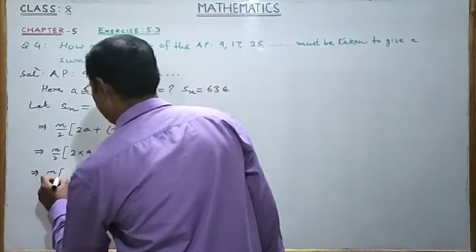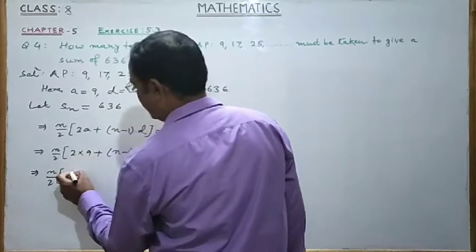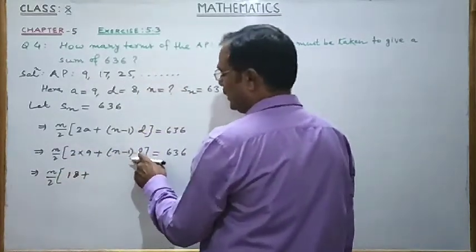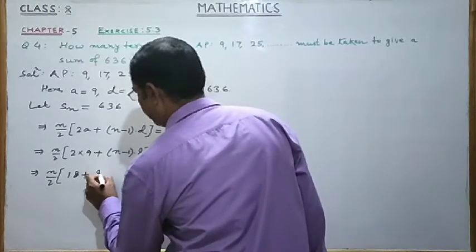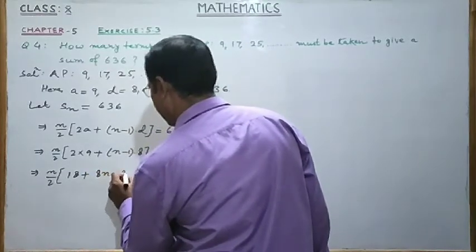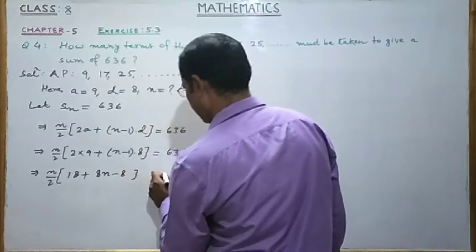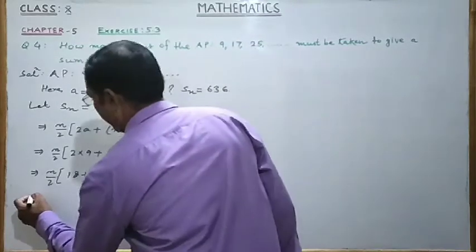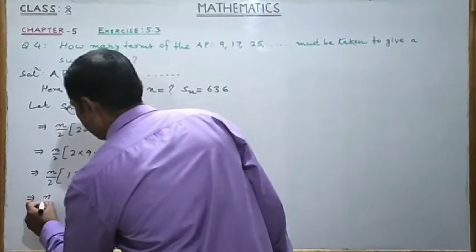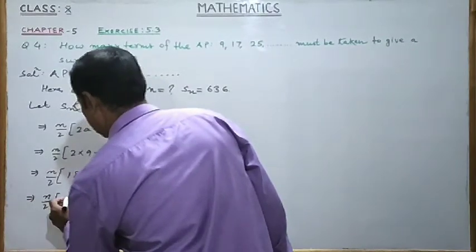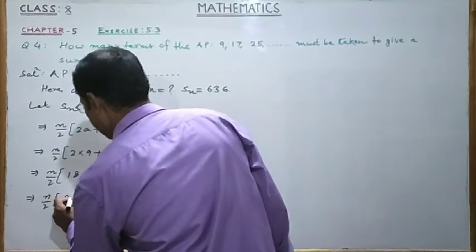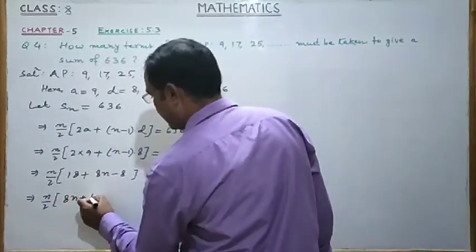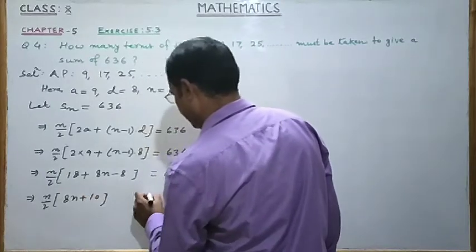N by 2 into 2 into 9, 18, plus n minus 1 into 8, 8n minus 8, equal to 636. And this is n by 2 into 8n plus 18 minus 8, 10, equal to 636.